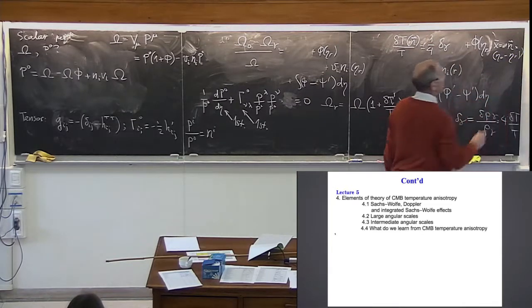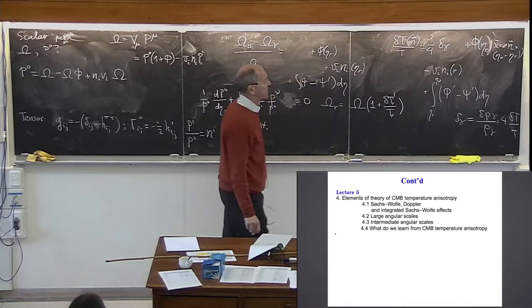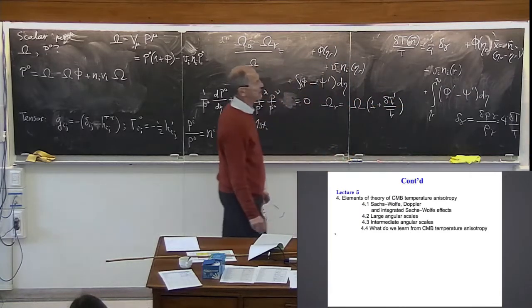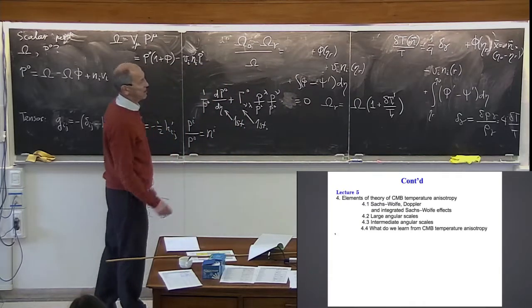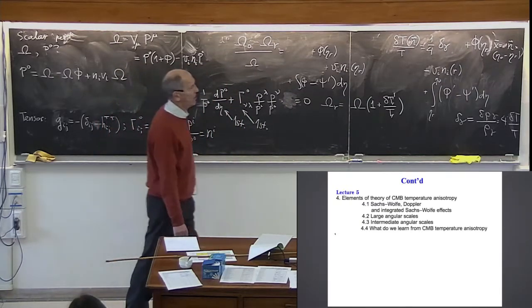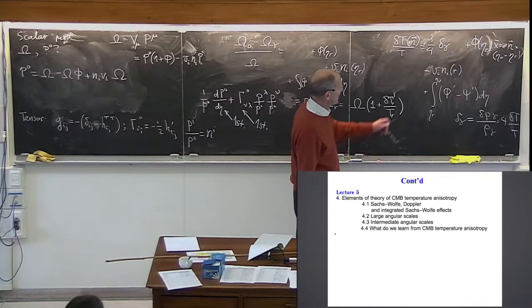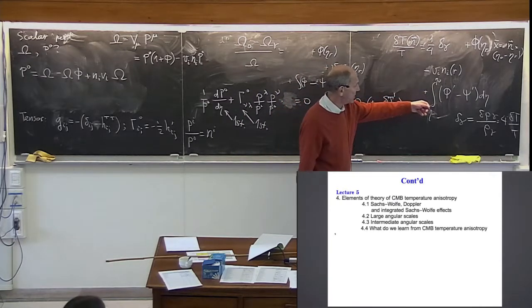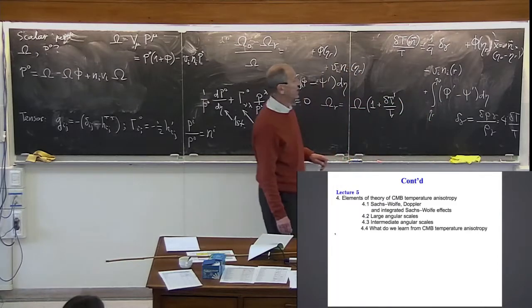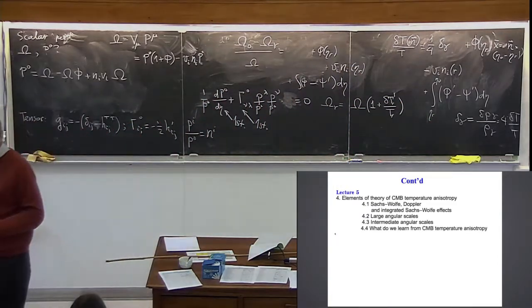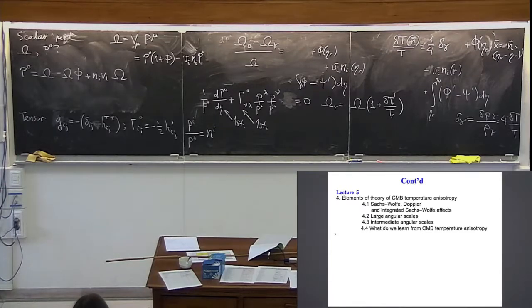At the point where the photon was emitted. And likewise here, velocity should be calculated at this point, the point where the photon has been emitted. Okay? Velocity, and also the fact that when the photon travels through the universe, the gravitational potential changed.